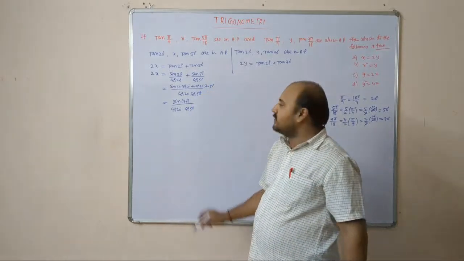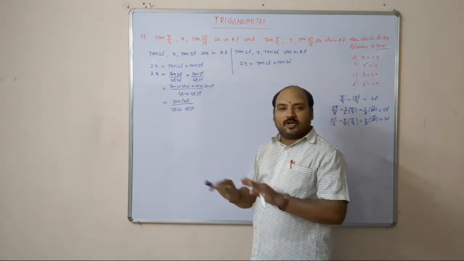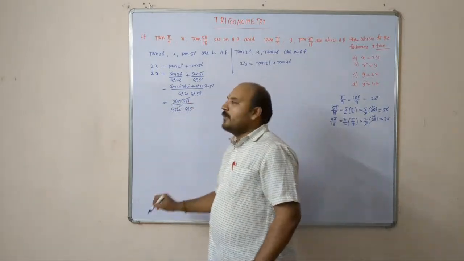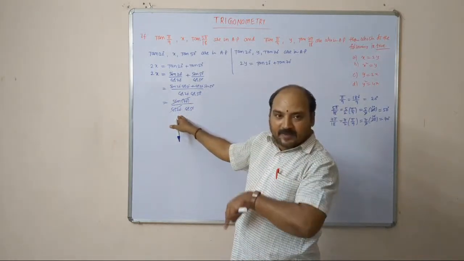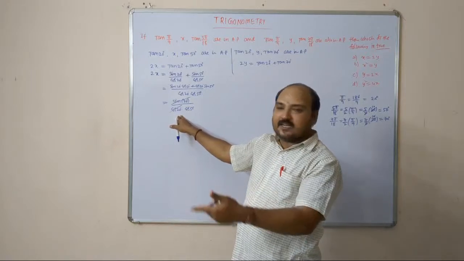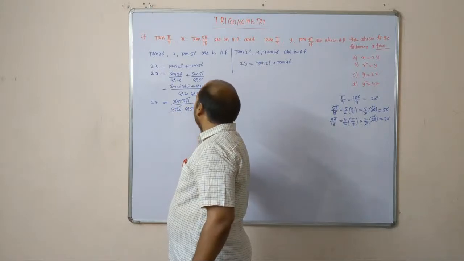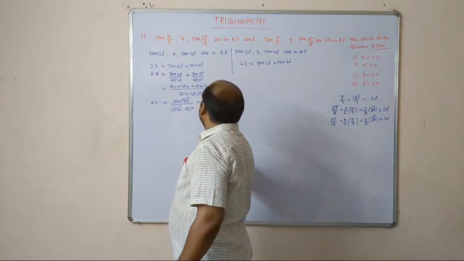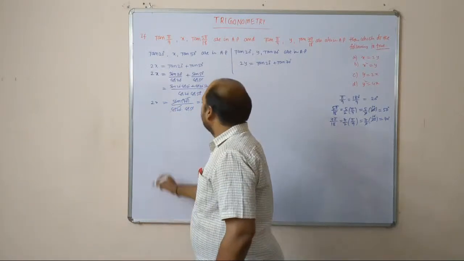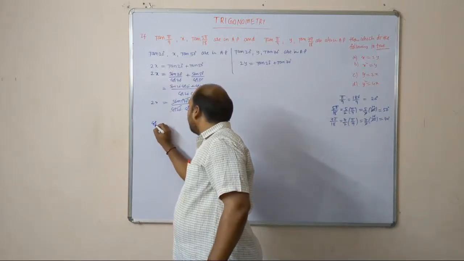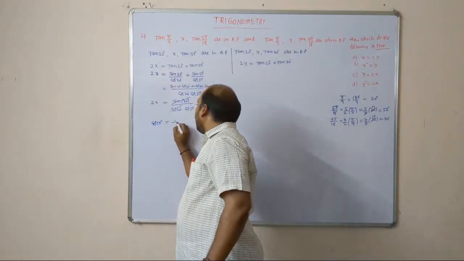We know that sin 70 and cos 20 get cancelled. Why? Because cos 20 can be written as cos of 90 minus 70, which is sin 70. Both will be cancelled. So 2x is equal to 1 by cos 50. So from this, cos 50 is equal to 1 by 2x.